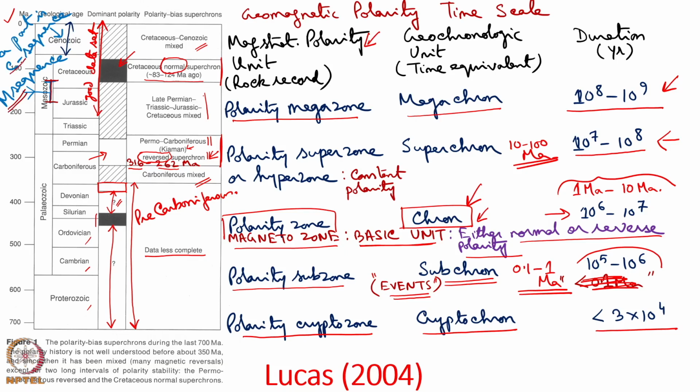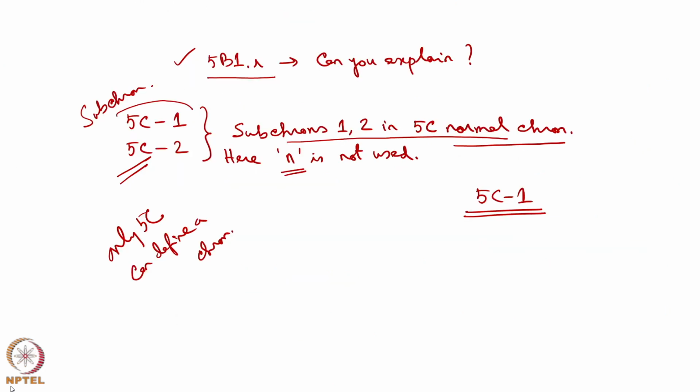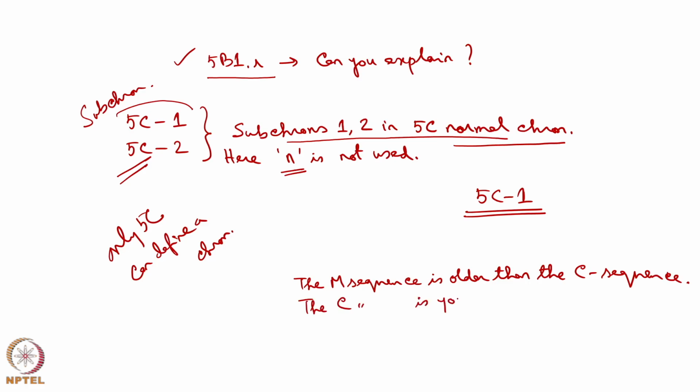Earlier we have discussed the C sequence. You can clearly see that the M sequence is older than the C sequence, or the C sequence is younger than the M sequence. Second important point is that there is a gap between the M sequence and the C sequence. We can write here that the M sequence is older than the C sequence, or you can put the sentence in another way, the C sequence is younger than the M sequence.